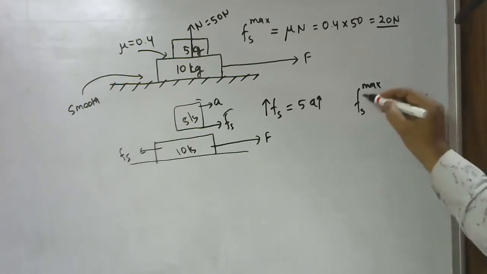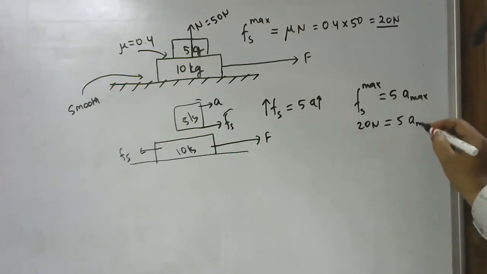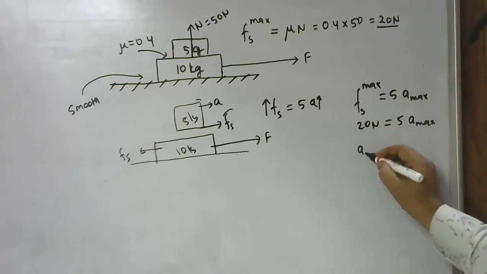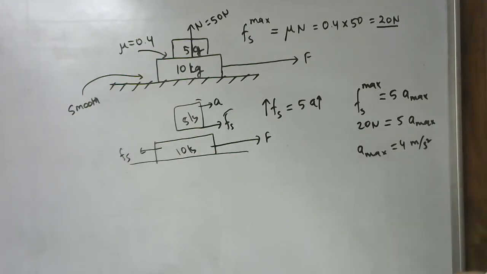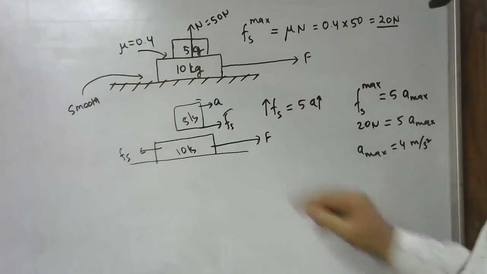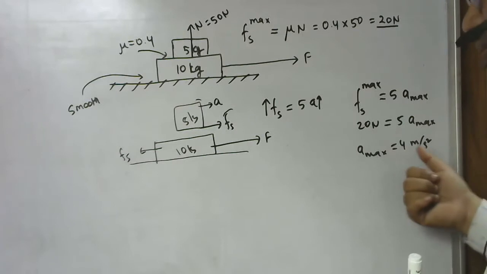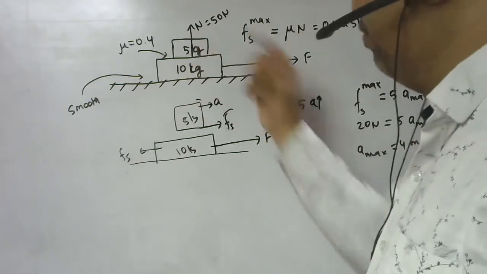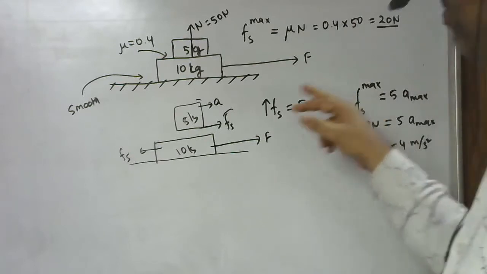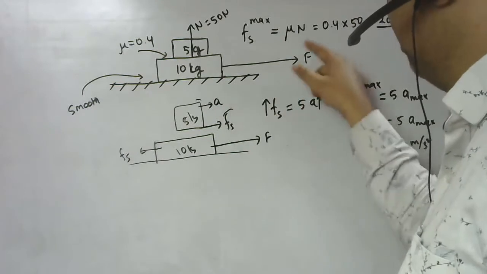So if this is 20 Newton and this is 5 A max, A max equals 4 meter per second square. So the upper block cannot accelerate more than 4 meter per second square, because it can only be accelerated by the friction force, and the 10 kg block can have as much acceleration as we like because of the external force.